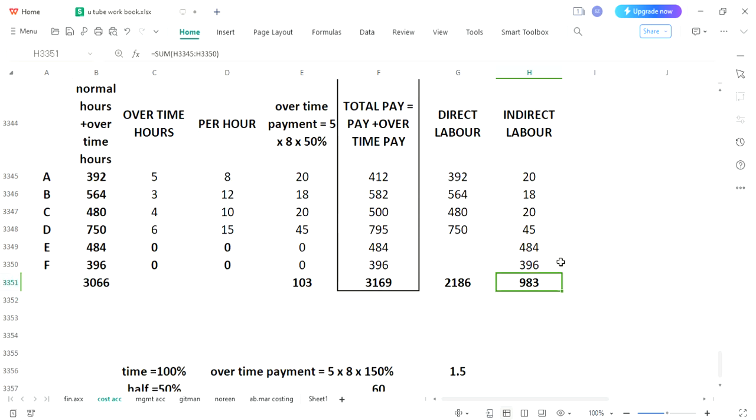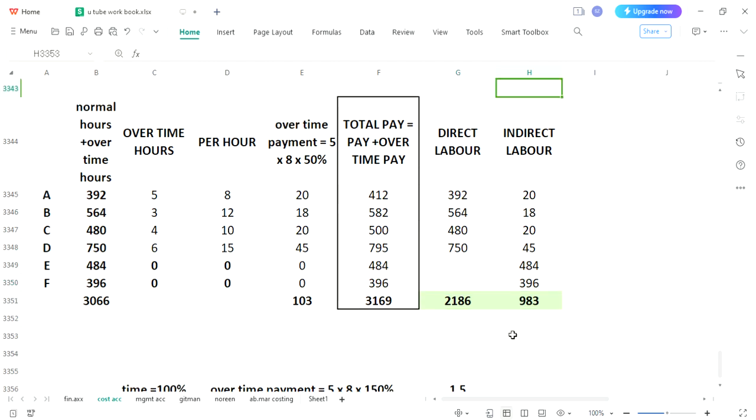So our answers are completed. These were two answers, 2186 and 983. Let's mark them as answers which have been completed.